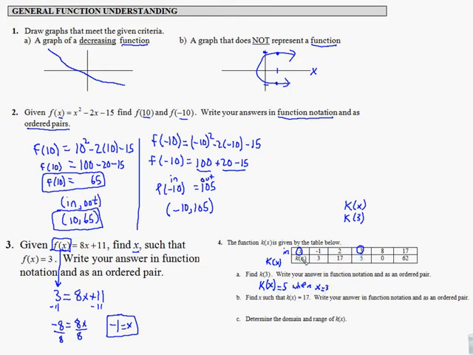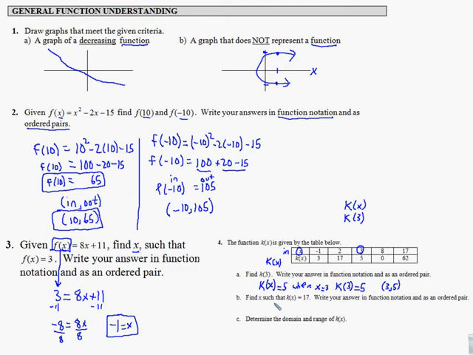If k of x is 5 when x equals 3, then we can write it in a more shorthand notation and say that k of 3 would be 5. We simply replace the x with 3, and it becomes this in function notation. Then as an ordered pair, of course, your input of 3 goes first, and your output of 5 goes second.